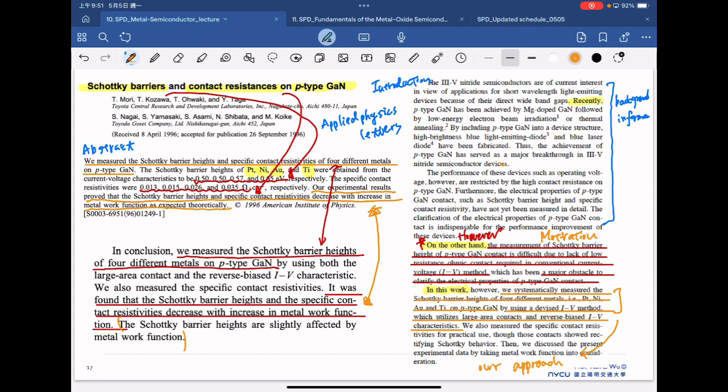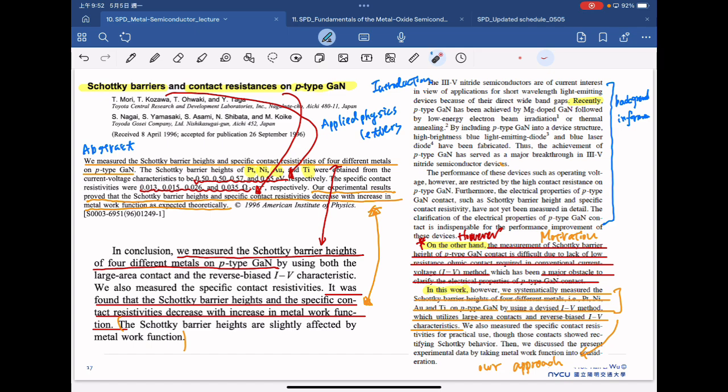So in the end, we finish the introduction part. We let the reader understand what approach we will use to understand the Schottky barrier and contact resistance on P-type gallium nitride. So far, we haven't looked at any IV characteristic or any experimental result, or any electrical curve yet.